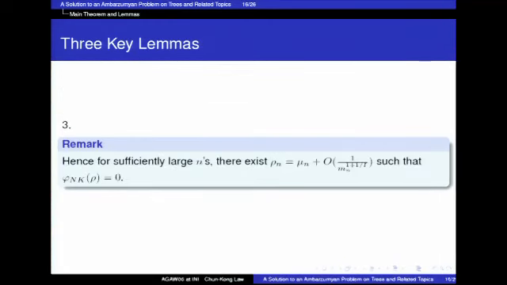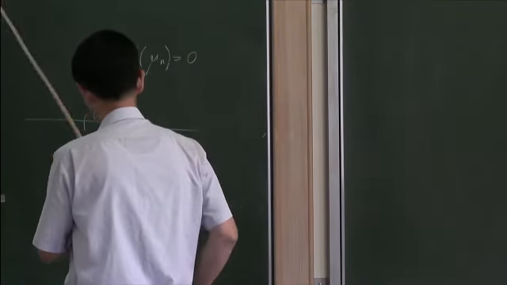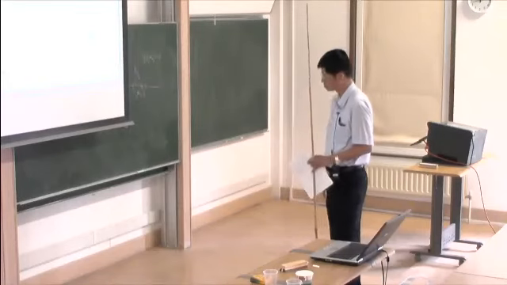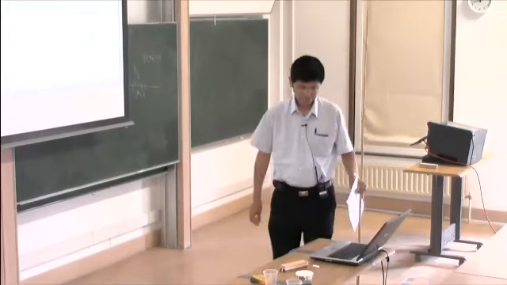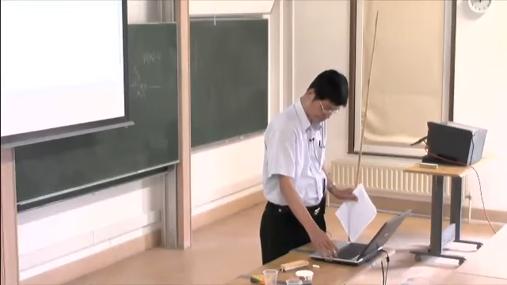This is, phi has a zero close to the mu_n, which are the zeros of the rational number. Yeah.